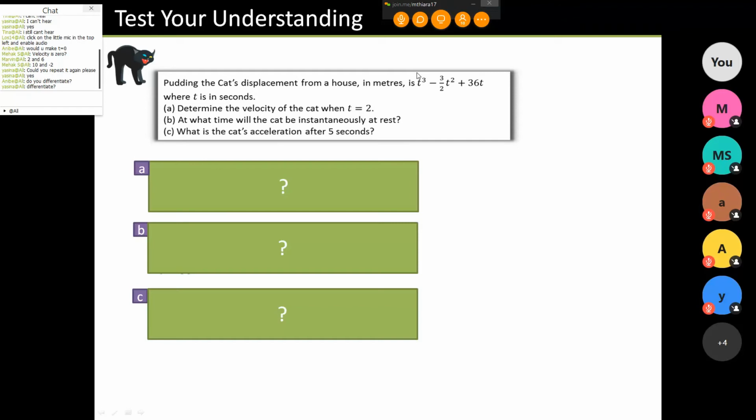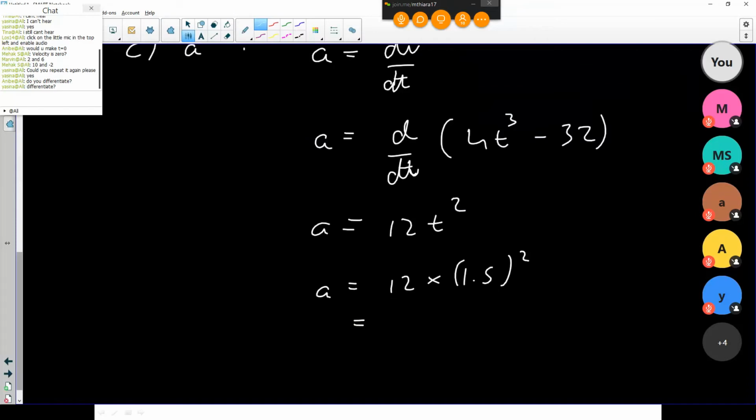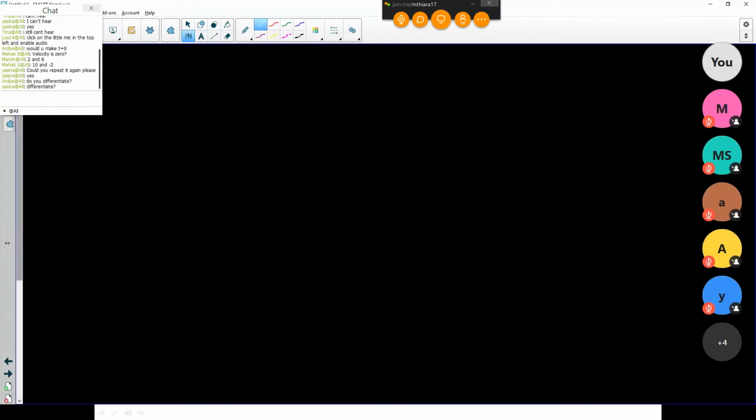Right, okay, so let's have a look at the first part A. Determine the velocity. So again, I'm going to switch over. Right, Mehek and eBay and Yasin have spoken in there. Someone else tell me what the answer to part A is.